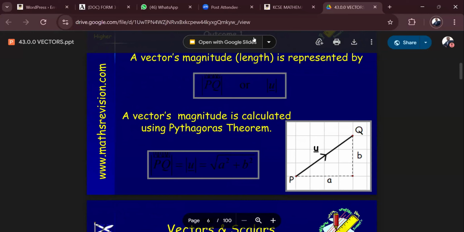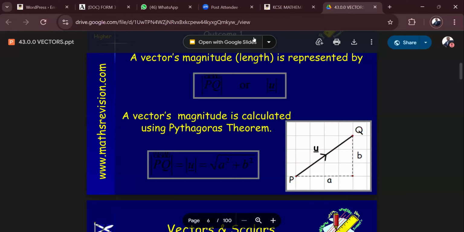So nikiandika kama 2 3 inamaanisha x is 2 and 3 is y. So that represents our vector. Now, if I want to get the magnitude, I get x squared plus y squared, square root.